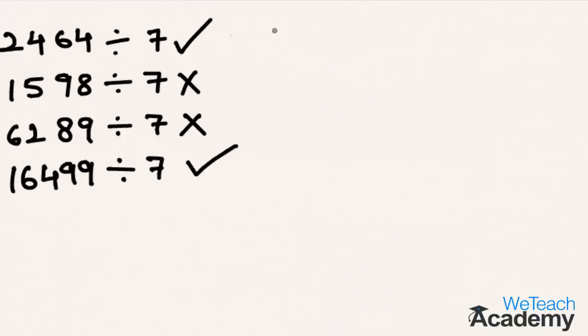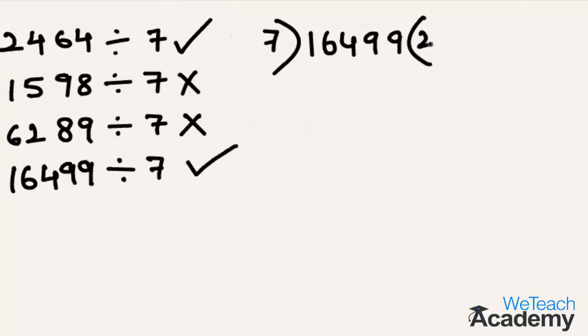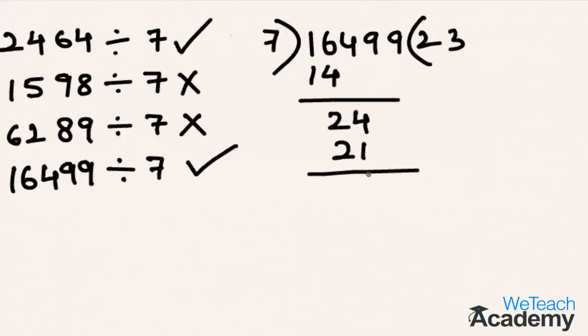Coming to the next number, which is 16,499 divided by 7. 7 2 times is 14. We get the difference over here 2. Bringing down the next digit 4, it is 24, and 7 3 times is 21. The difference over here is 3, and bringing down the next digit 9, it is 39.